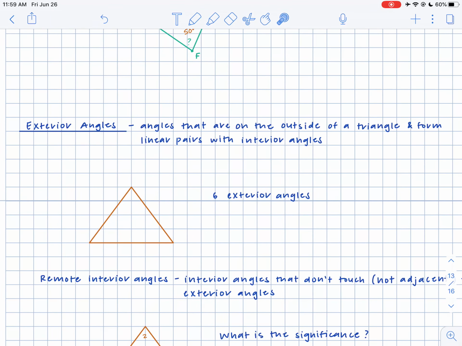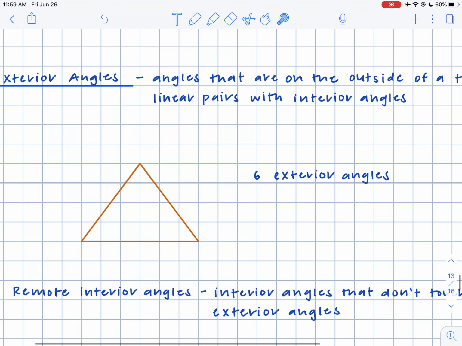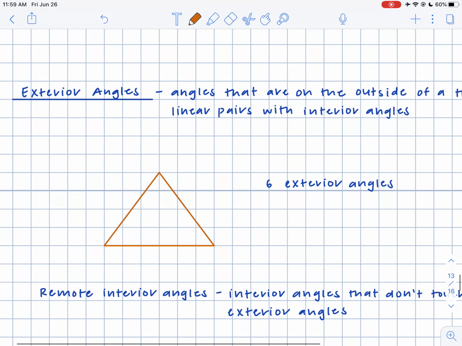So this whole time, we've been talking about interior angles, but there is actually another type of angle, called exterior angles. These are angles that are on the outside of a triangle and form linear pairs with interior angles. So let's break down what that means. All the angles we've talked about are interior, so on the inside, right?